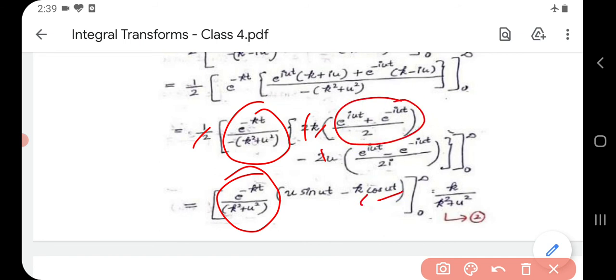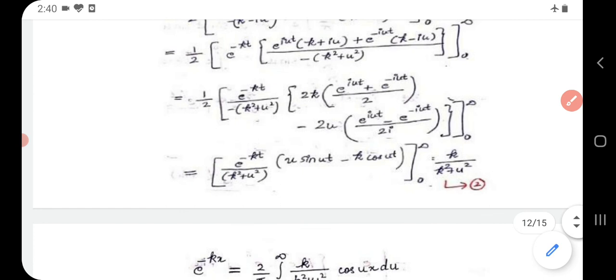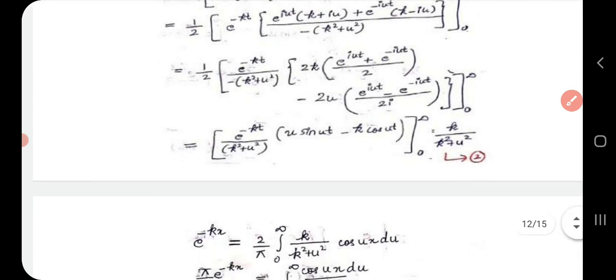Okay, then this is actually u sin ut. Here they have just reversed the order, so a minus is taken outside. That is why here you are having only k square plus u square, not minus of k square plus u square. Okay, now on applying the limit, this will reduce to k by k square plus u square.